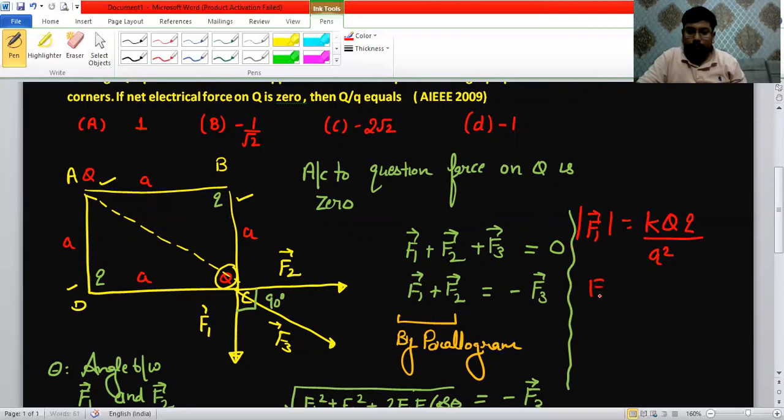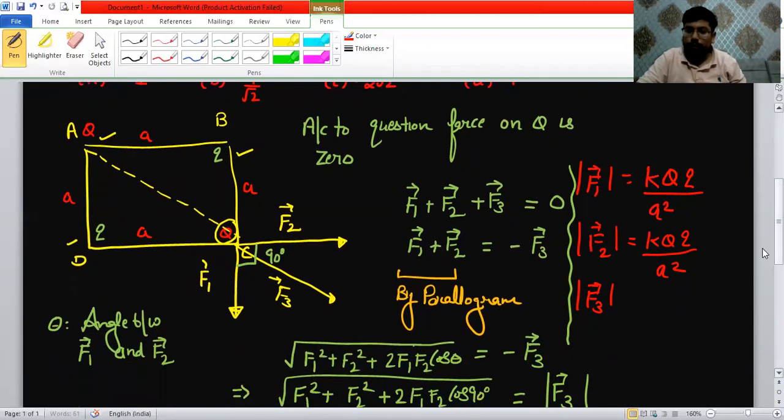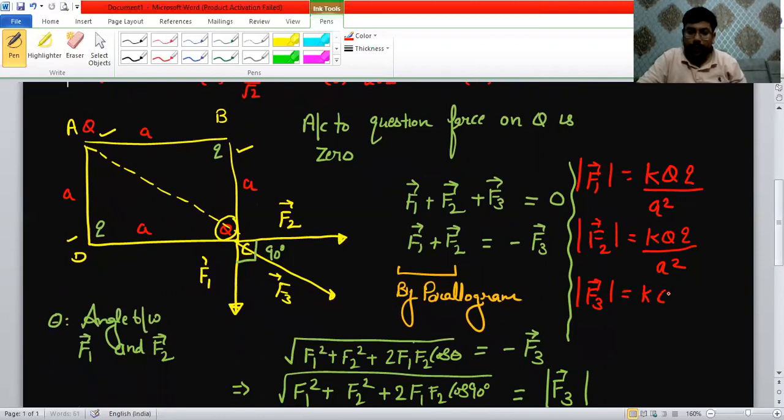Similarly, F2 vector magnitude is K capital Q small q divided by A square. And similarly by Coulomb's law, F3 vector magnitude is equal to K capital Q square divided by root 2 A whole square, as you can see that this diagonal is equal to root 2 A by Pythagoras theorem. So we can write K Q square by 2 A square.